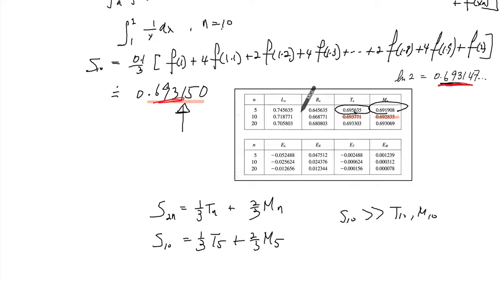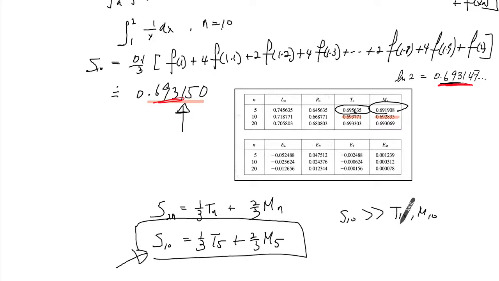But obviously trying to do this with 10 intervals takes a lot longer than doing 5 intervals. This formula gives us a way to get something that's even more accurate than doing T10 or M10 by doing T5 and M5. It's fantastic, right? So it's a much faster way. It's sort of a loophole in a way for us to get to a more accurate result faster without doing the work.